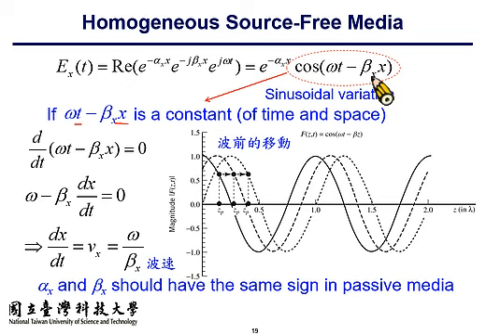Supposing that the argument of the cosine function is a constant, which means if you take the time derivative of the argument and set it to 0, you can find the velocity of the wave. Here you end up with omega minus beta x dx over dt, and dx over dt by definition is the velocity in the x direction. It equals omega divided by beta x. So this is the phase velocity along the x direction.